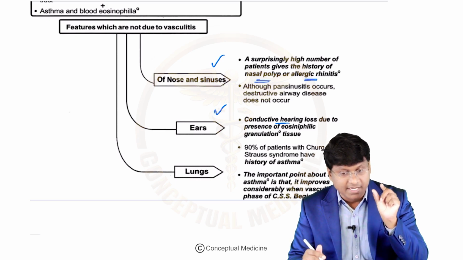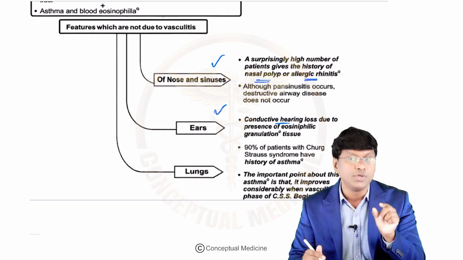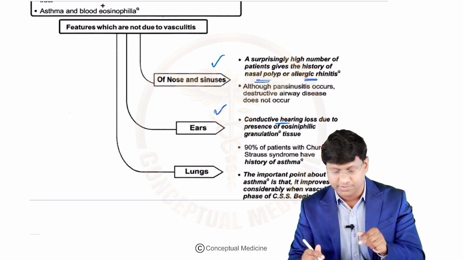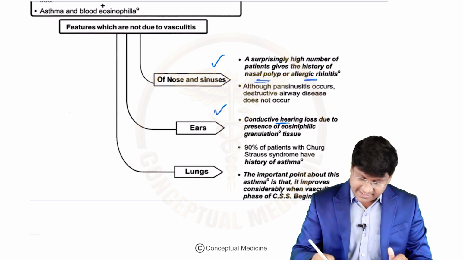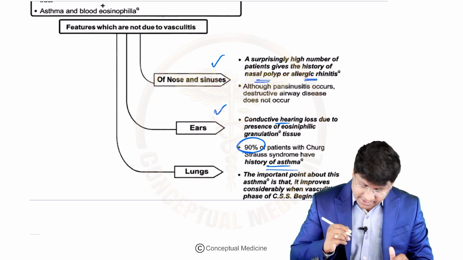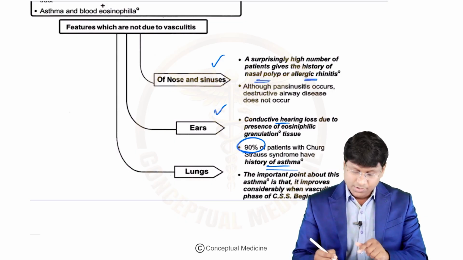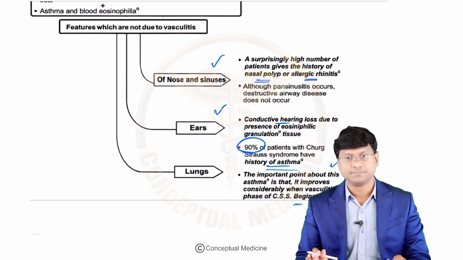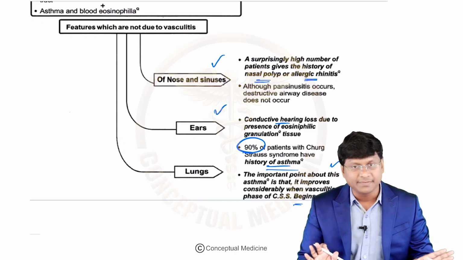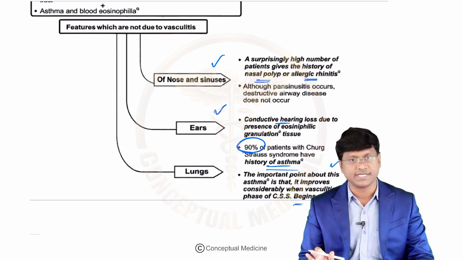Because there will be accumulation of eosinophilic granulation tissue in the external auditory meatus, and that is responsible for conductive hearing loss. And the most common symptom, what did I tell you? That is bronchial asthma. The important point about this asthma is that it improves considerably when the vasculitis phase of Churg-Strauss syndrome begins. So this is about the symptomatology in patients with Churg-Strauss syndrome.